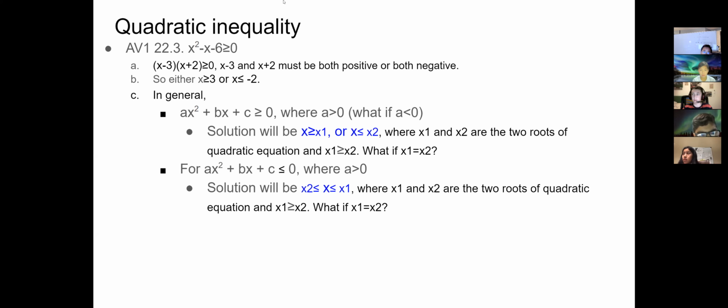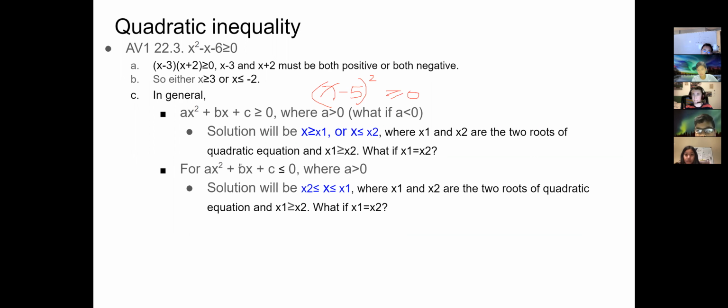My one example is, let's say (x minus 5) squared greater or equal to 0. You have only one, or you can say you have two roots, but they're equal. They're equal to 5. And in this case, x can be anything, right? Yeah, this is just what we want to know.